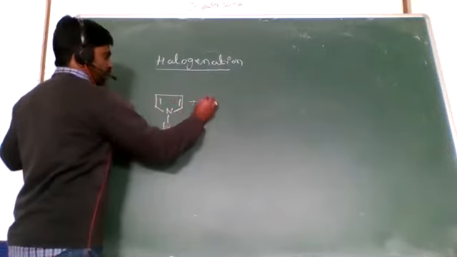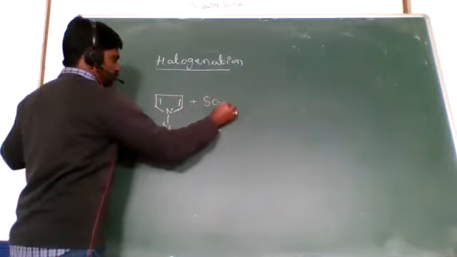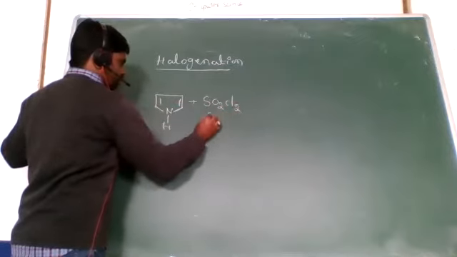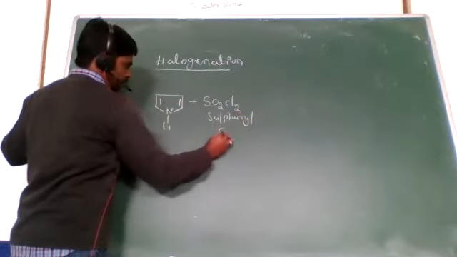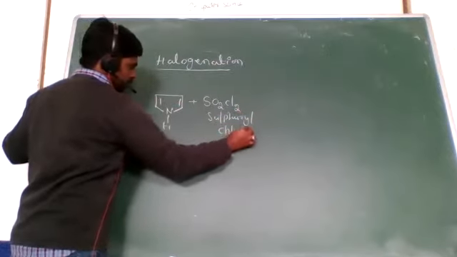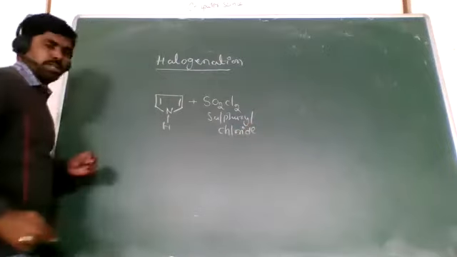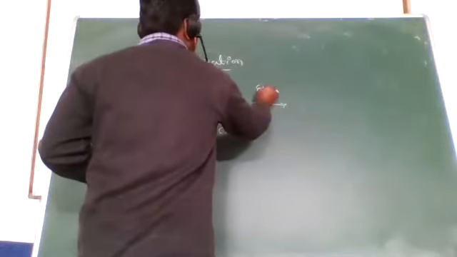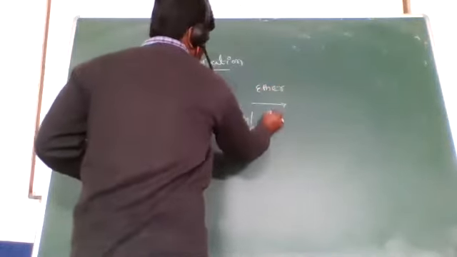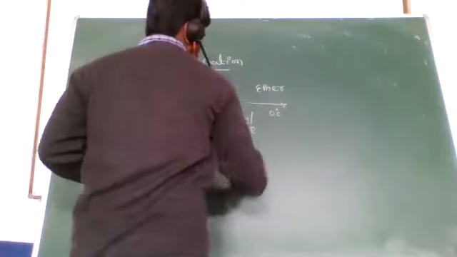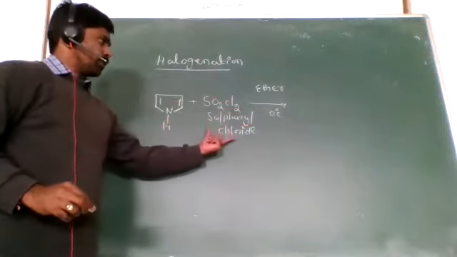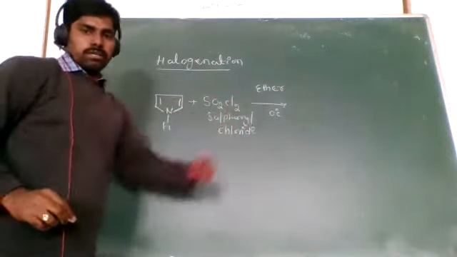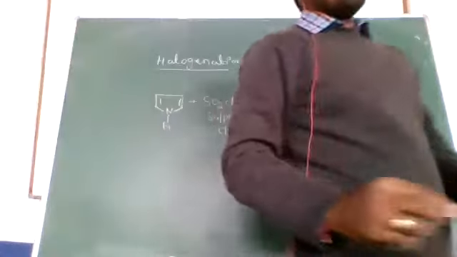When pyrrole reacts with sulfuryl chloride in the presence of ether at 0 degrees Celsius, pyrrole reacts with the sulfuryl chloride.